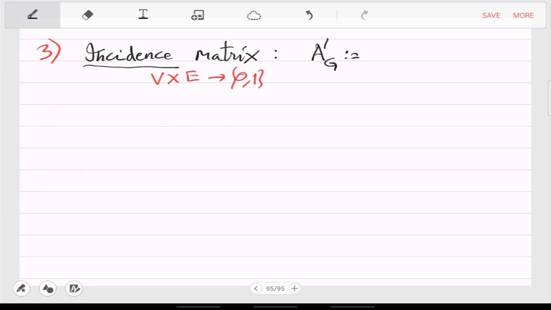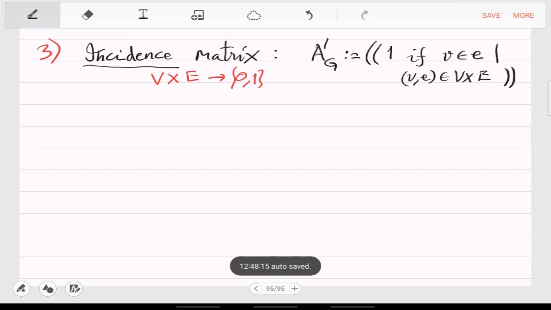Basically there is a 1 in the location v comma E, something of this type. So you go over all the vertex-edge pairs, which actually will not be a pair, it will become a triple, because an edge is itself a pair.